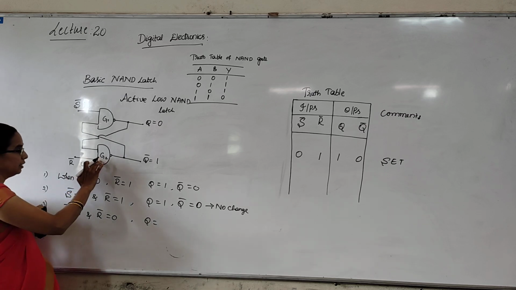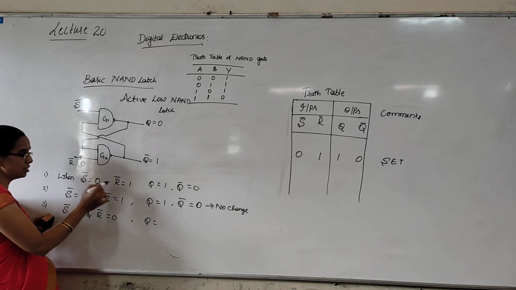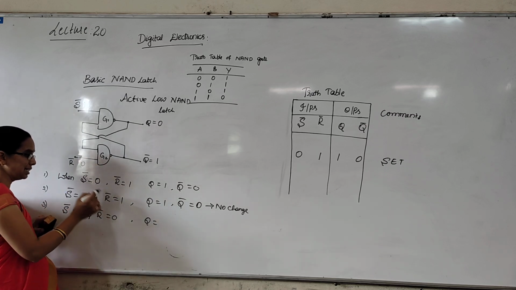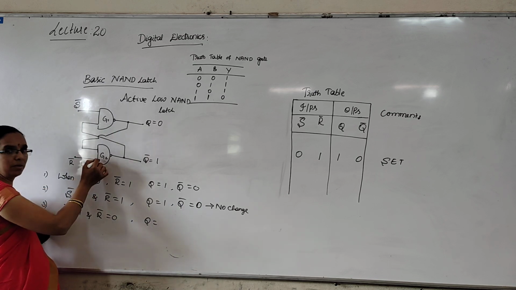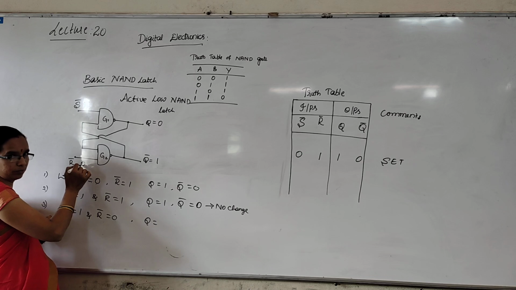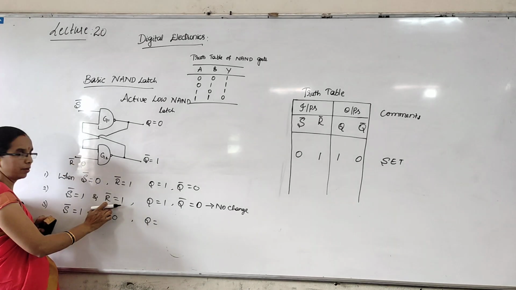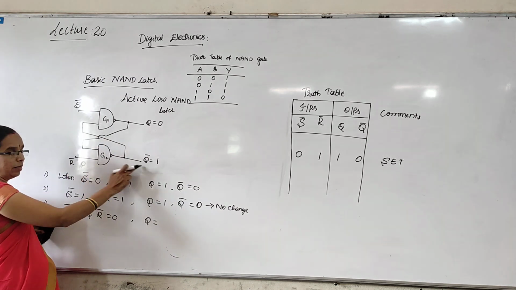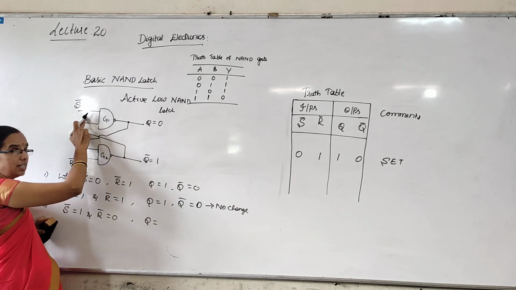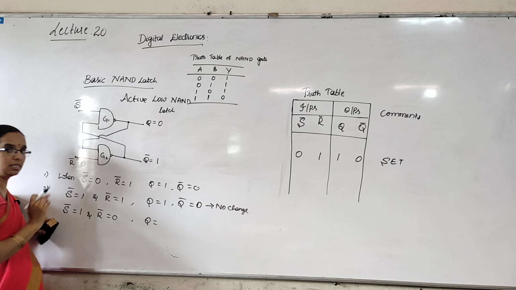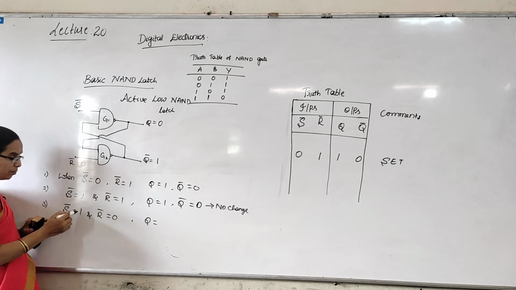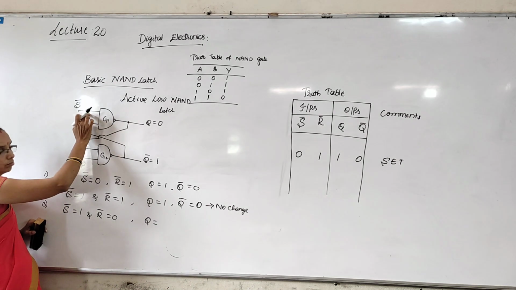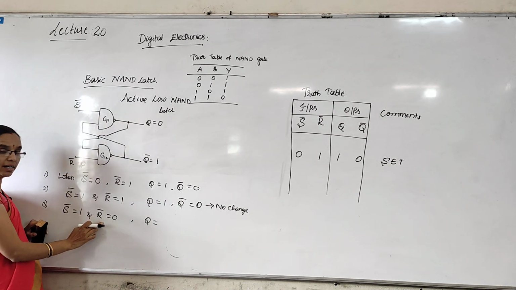What happened? Here S bar was 0, R bar was 0. I changed S bar to 1. So it will remain the same because I didn't change this output, and I didn't change this input for the next step. So it remains the same. This I changed, even that remains the same. So we got the no change condition. In the next step, S bar I kept the same. R bar I changed.